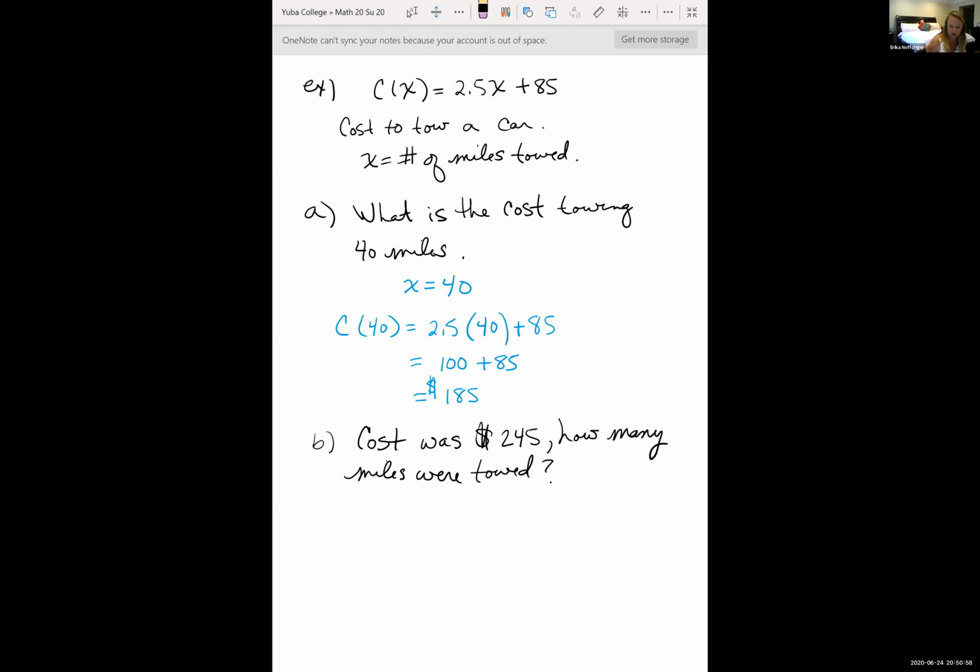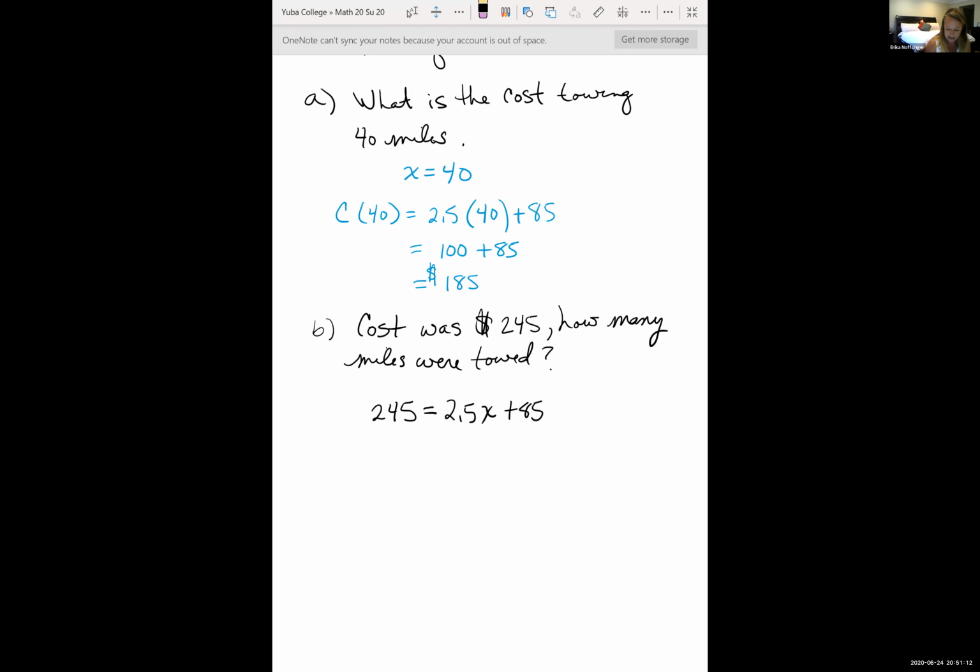And so we're setting our equation, the cost, which is 245, equal to 2.5x plus 85. We want to get x by itself, so we subtract 85 on both sides. 245 minus 85 gives us 160, which is equal to 2.5x.